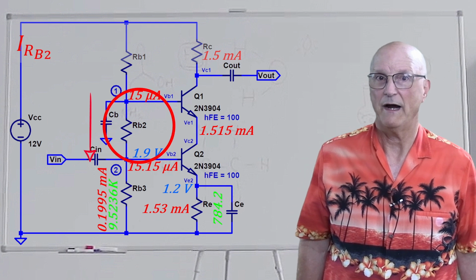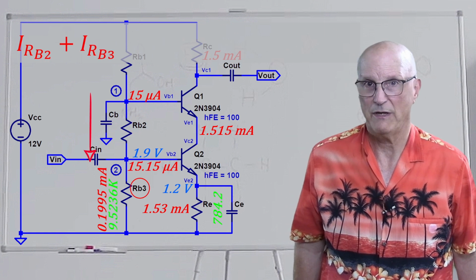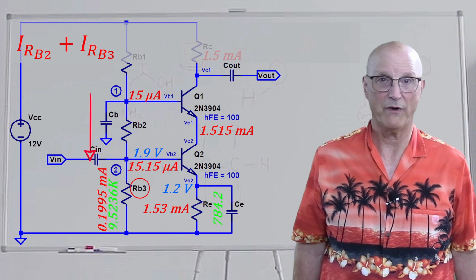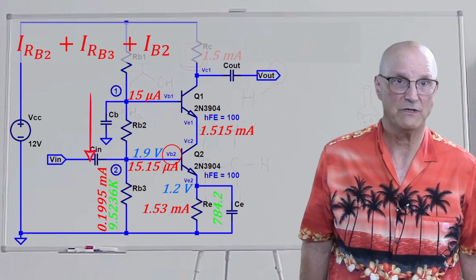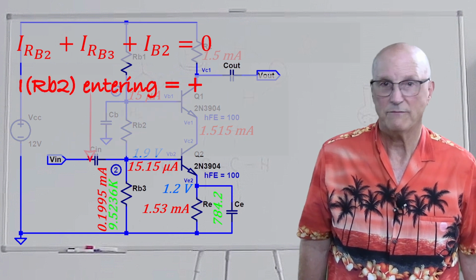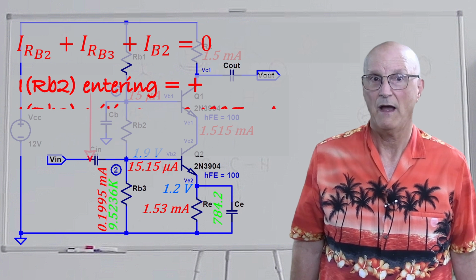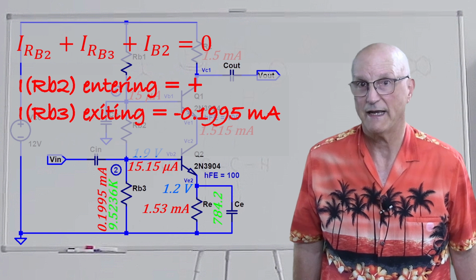We get IRB2, the current through RB2, plus IRB3, the current through RB3, plus IB2, the base current of Q2, where IRB2 is entering the node, so it is positive. IRB3 is exiting the node, so it is negative.